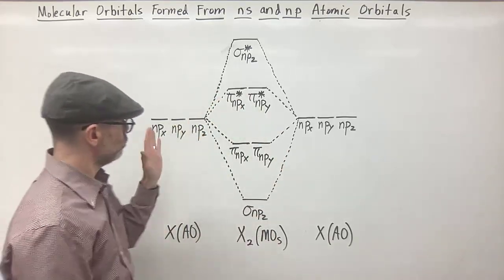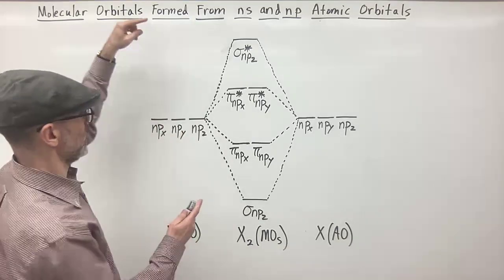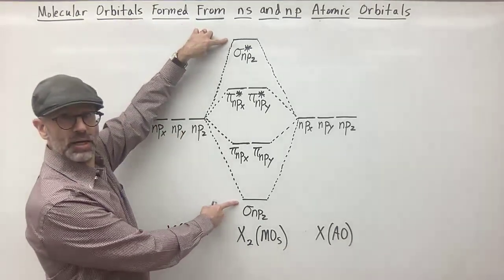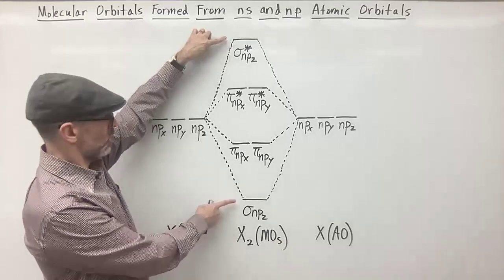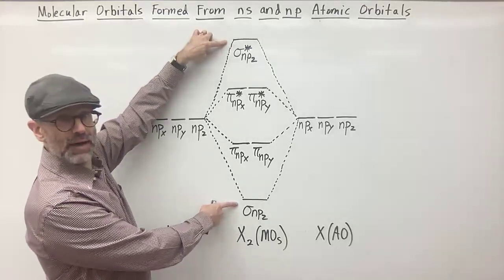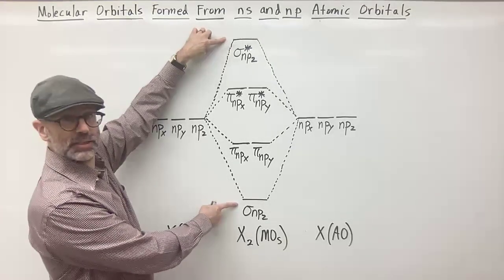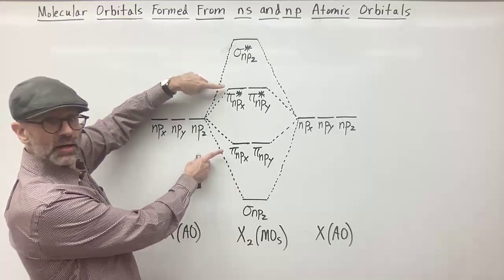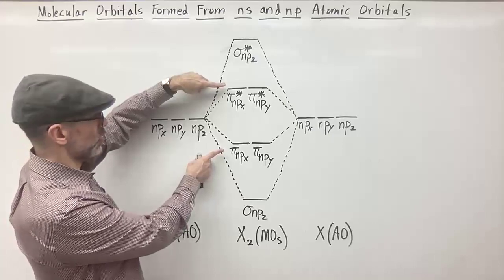Okay, so one other thing I want to point out is you'll notice that the sigma and the sigma star molecular orbitals have a greater energy difference compared to the pi and the pi star molecular orbitals.